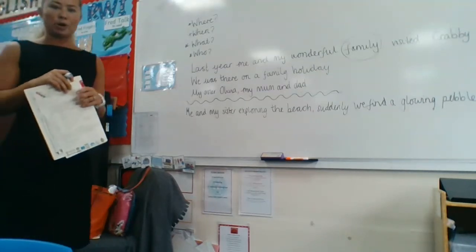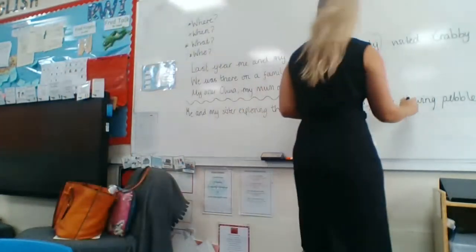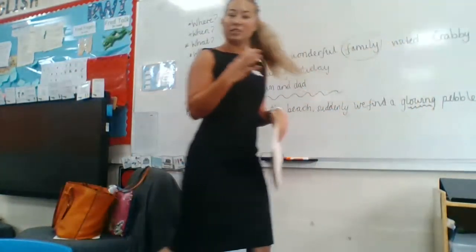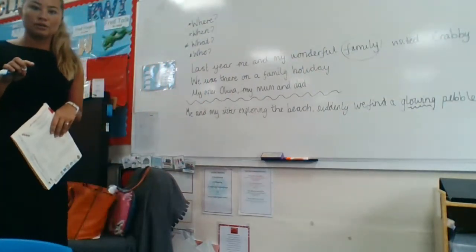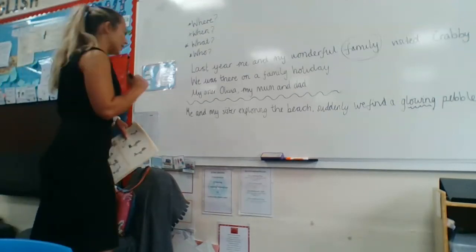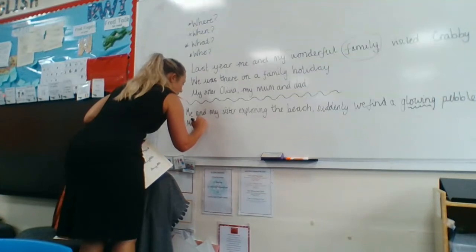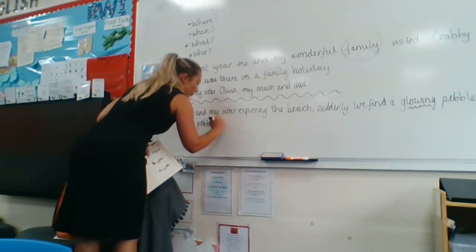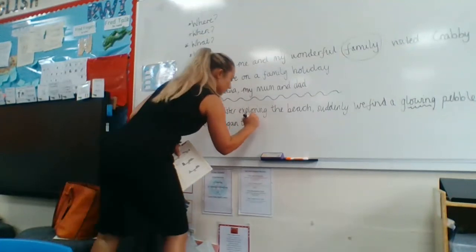But what is this pebble going to do? Why is it going to be magic? I already know because I've said glowing. I've told the reader that there's something different about it. But I want to know, in your story, what's going to make yours magic. Now in mine, I think my pebble began to float.